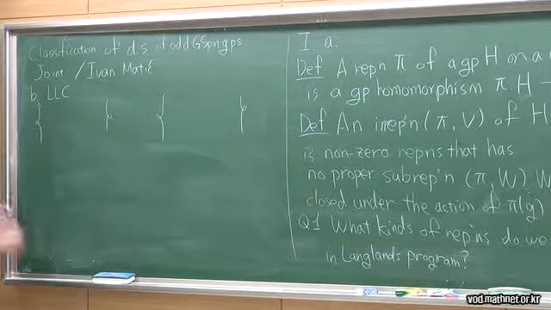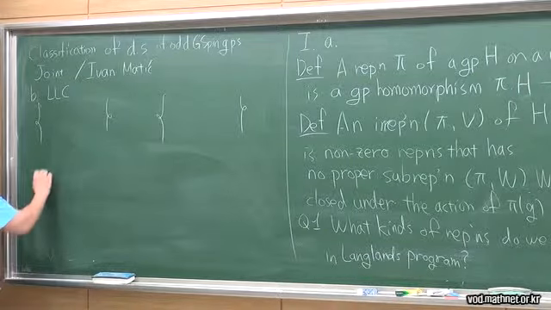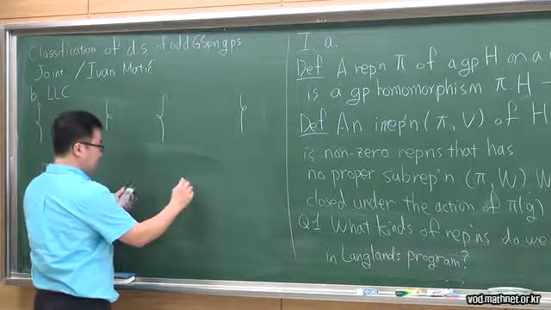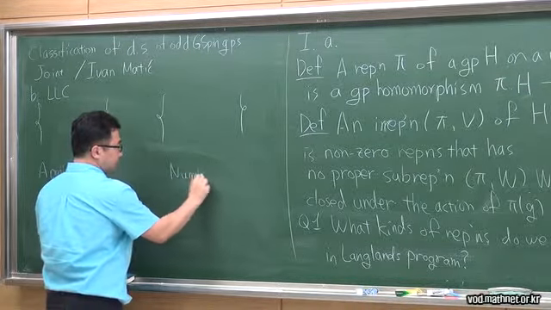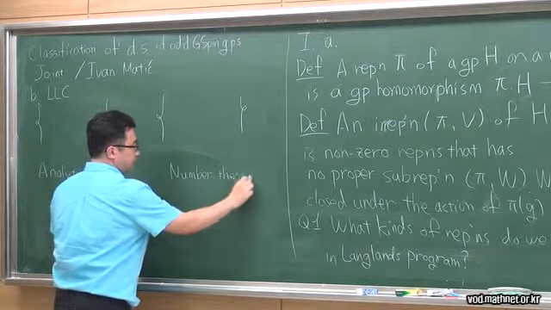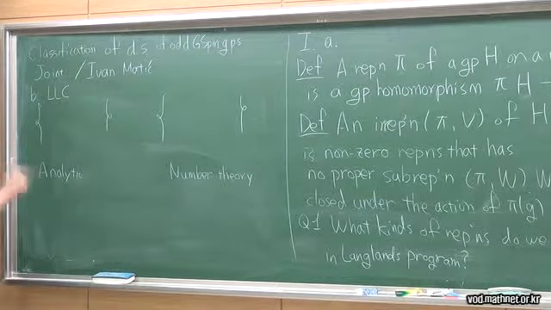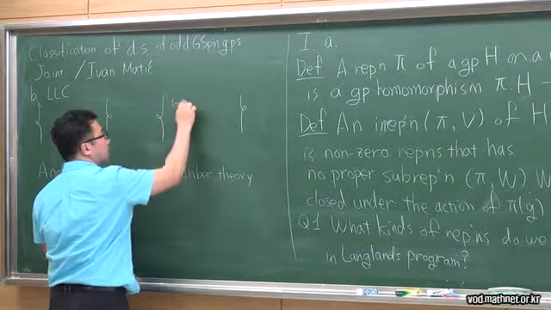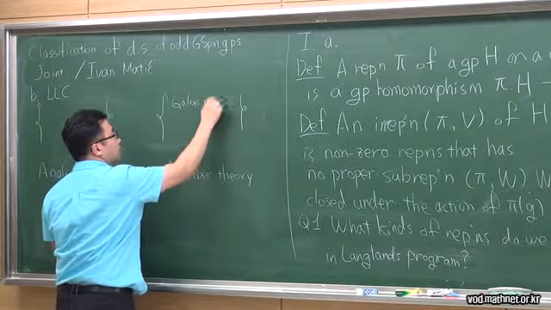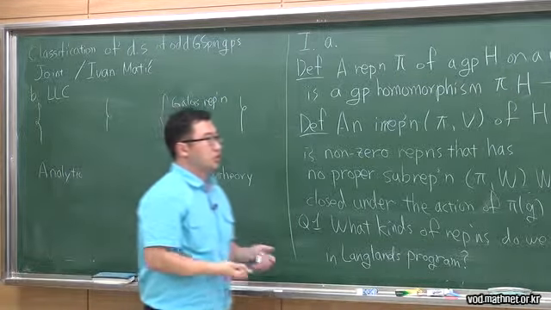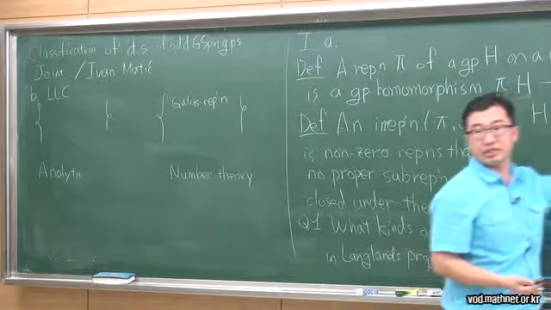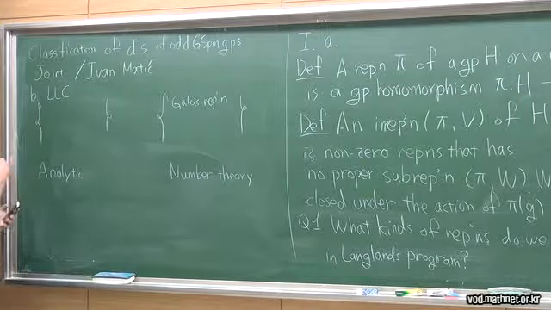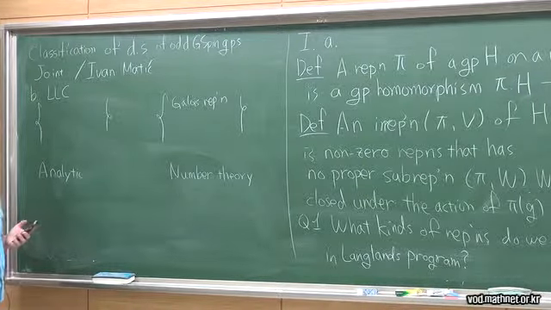One side is the analytic side, and the other side is the number theory side. The objects in the number theory side are the so-called Galois representations. And in the analytic side, the objects are admissible representations and automorphic representations.